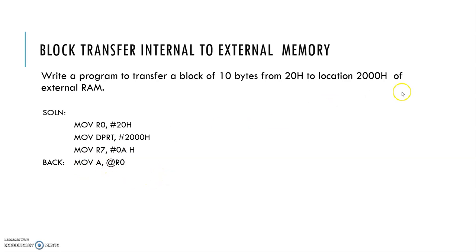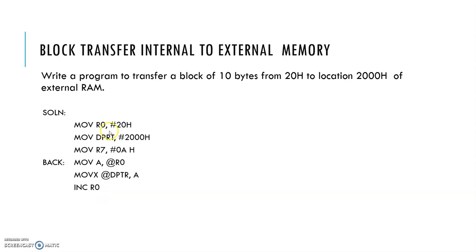Next we need to move the data to 2000 hex. 2000 hex is pointed to by using the data pointer DPTR. So you can write MOVX @DPTR, A. That will store the data from the accumulator register to the location pointed by DPTR. The location pointed by DPTR is 2000 hex. So the data is moved to 2000 hex.